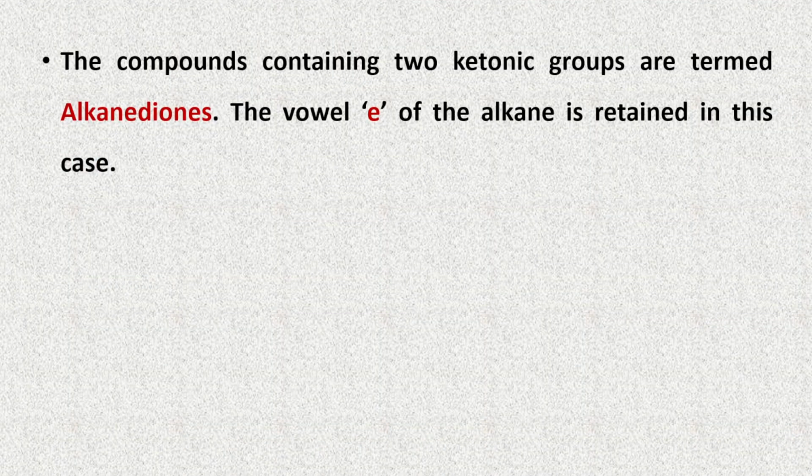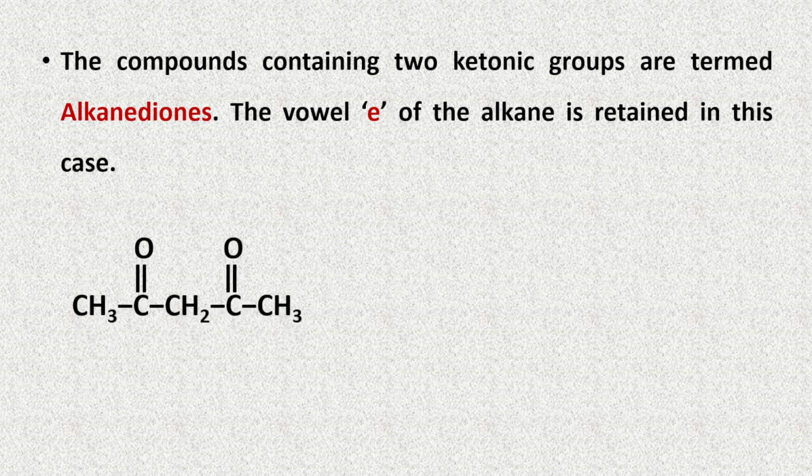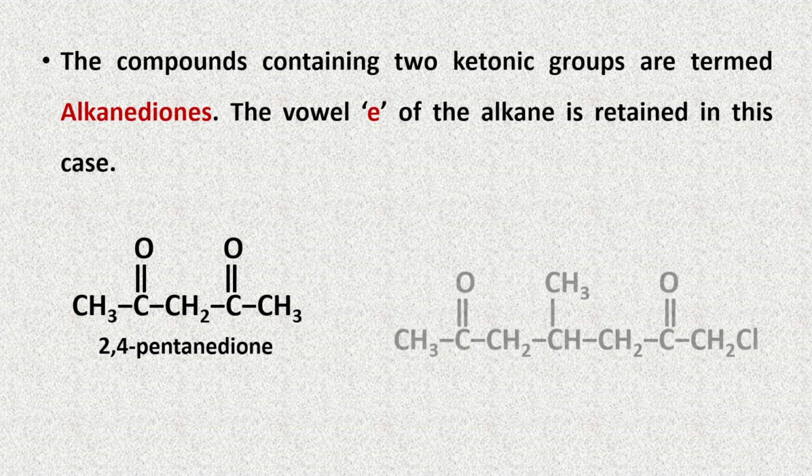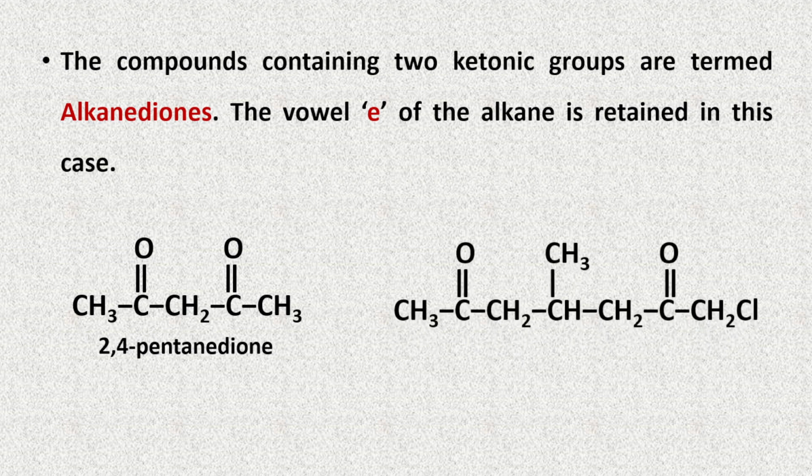If the compound contains 2 ketonic groups, it is referred to as alkane dione. The E of the alkane is retained in such a case. For example, 2,4-pentane dione. Consider a typical compound with 2 ketonic groups. Here the ketonic groups as well as the methyl substituent will get the same position number from either side.